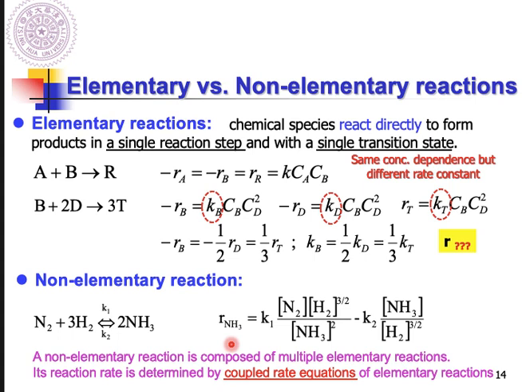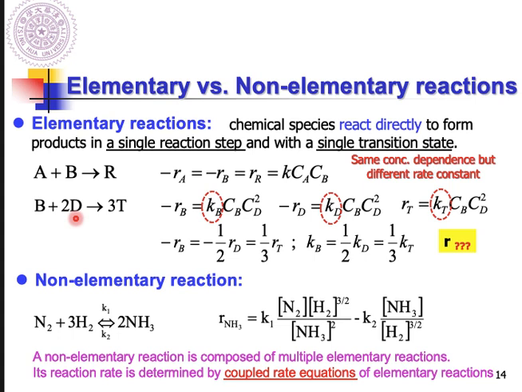So I will give you some suggestion: you can consider the probability. 1A will react with 1B, which is easy to generate R, right? And 1B simultaneously reacting with 2D, the probability is lower, right? Because you need to react with 2D simultaneously, in the meantime.